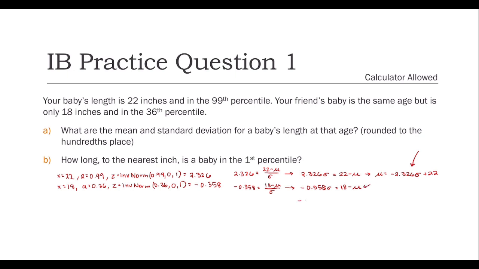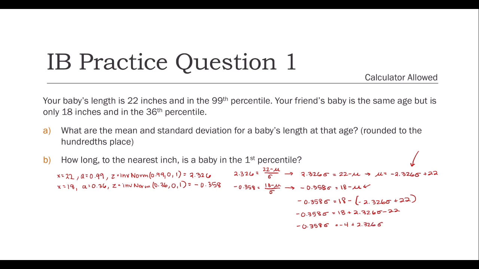So we have negative 0.358 times the standard deviation equals 18 minus negative 2.326 times the standard deviation plus 22. So negative 0.358 times the standard deviation equals 18 plus 2.326 times the standard deviation minus 22. If we combine our like terms, we get negative 0.358 times our standard deviation equals 18 minus 22, which is negative 4, plus 2.326 times the standard deviation.